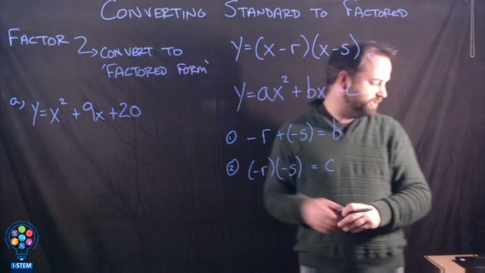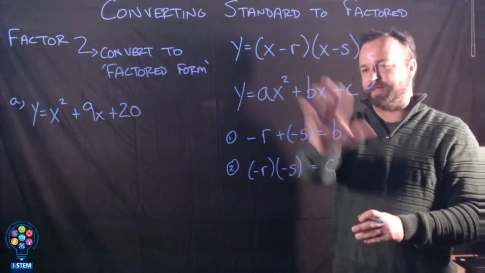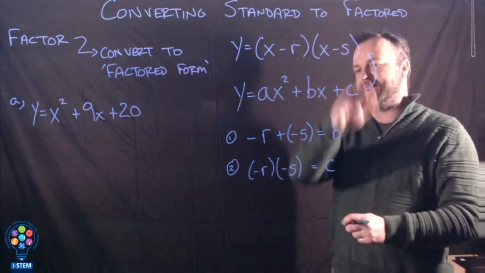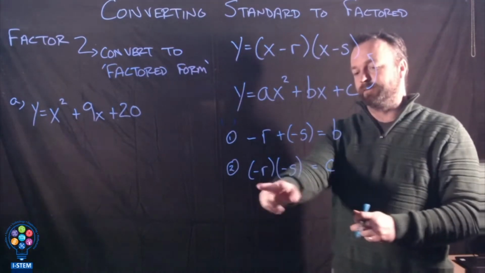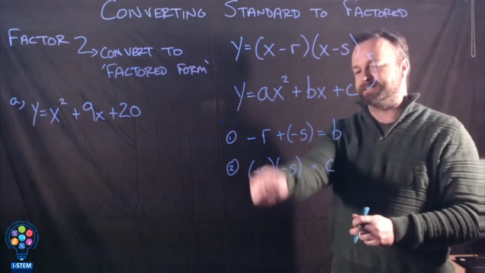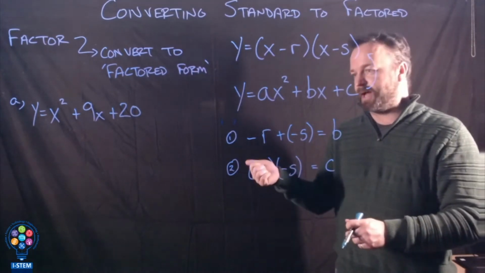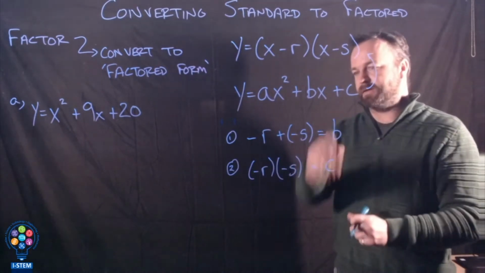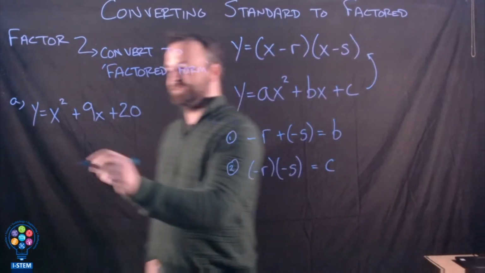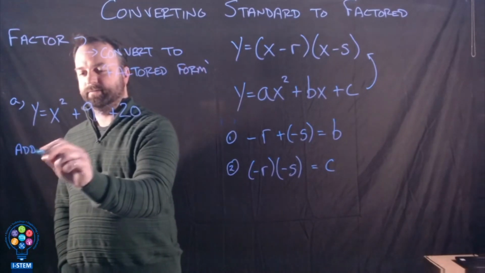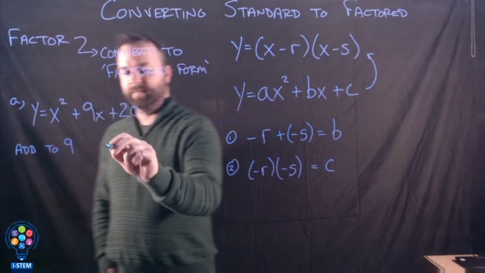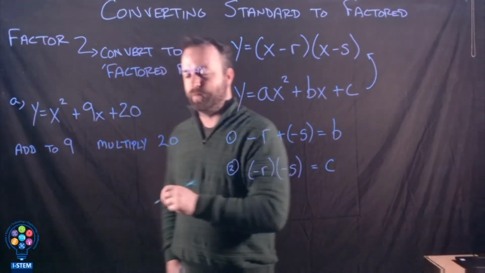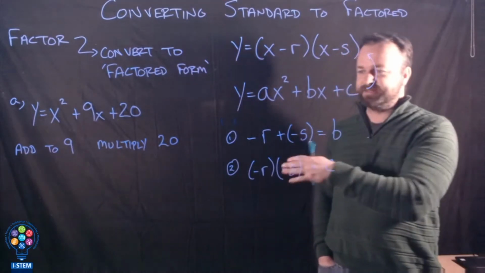So in this question, if we think about this little rule that we've maybe discovered as we were expanding from factored form to standard form, I'm looking really for two numbers, an r and an s, that I can multiply together to make c and add together to make b. So I want to add to 9, and I want to be able to multiply to 20. So I need two numbers that add to 9 and multiply to 20.